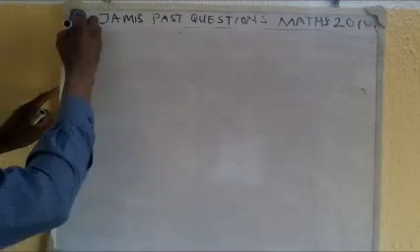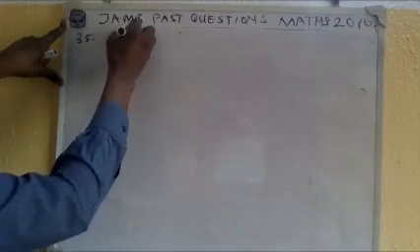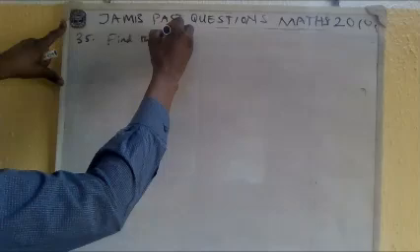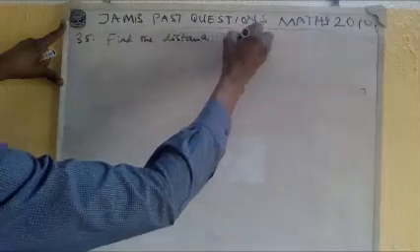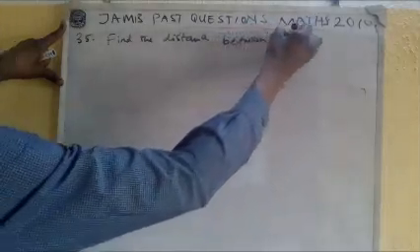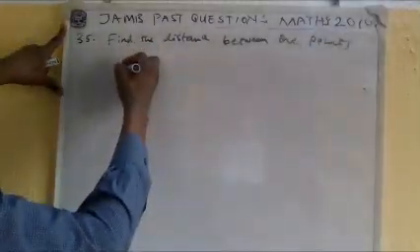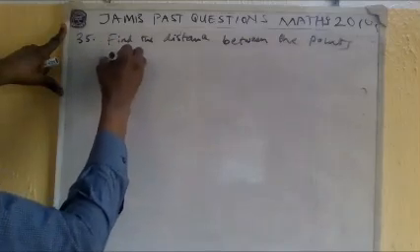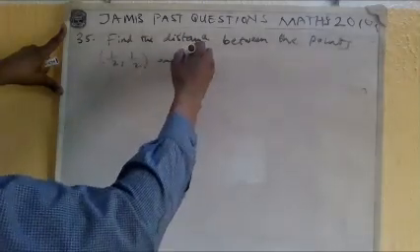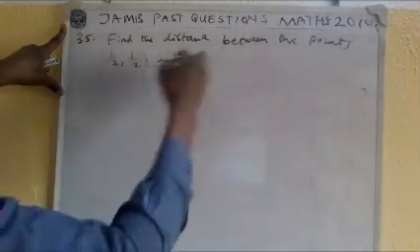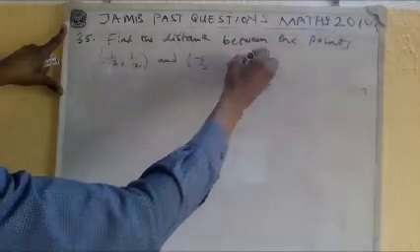Number 35, it says find the distance between the points half, half, and minus half, minus half.